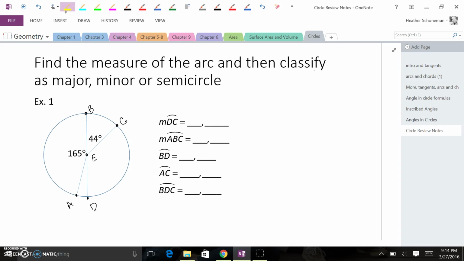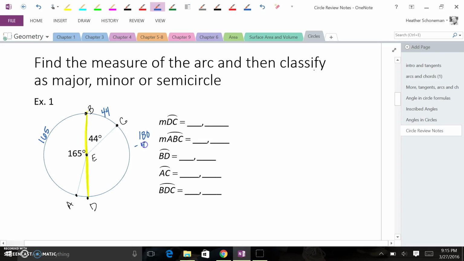And remember, when we did this, the most important thing was to look for a diameter. So here's a diameter. And diameters are good because they split the circle in half, which means you've got 180 degrees. So, since we know that this angle here is 165, this arc has to be 165, and this arc has to be 44, but we can find the other two missing ones by subtracting them from 180.